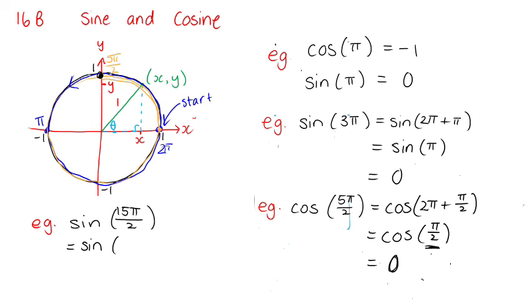So that's 7.5 pi. That'd be 6 pi, plus another 1.5 pi.